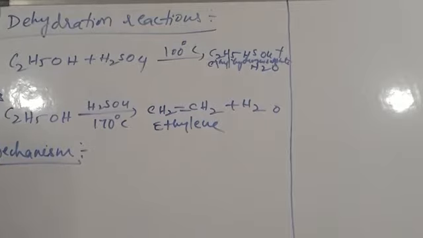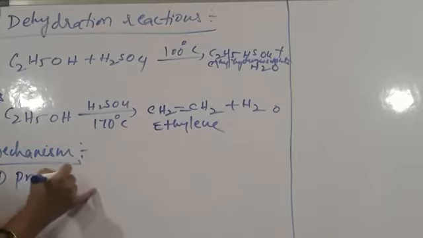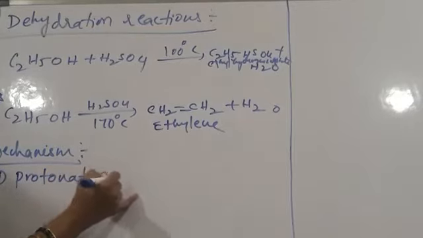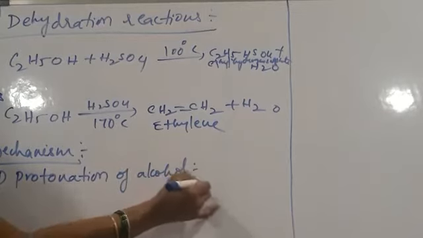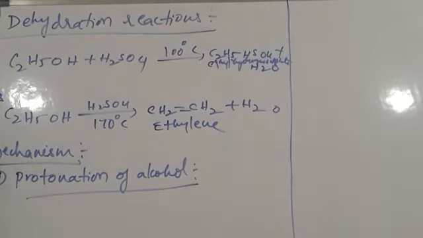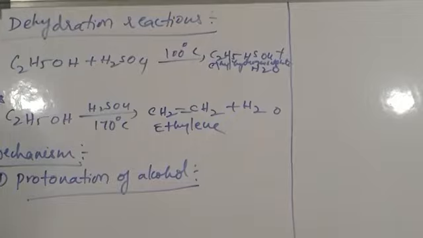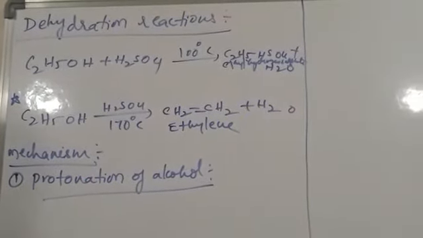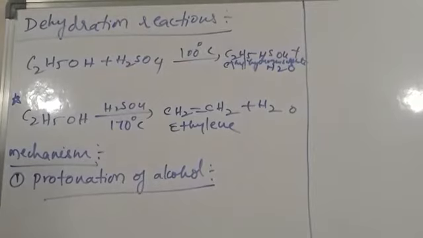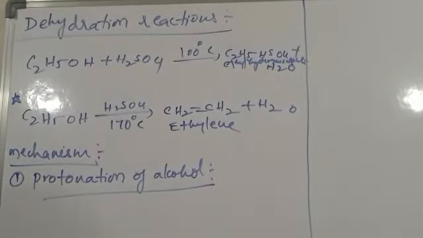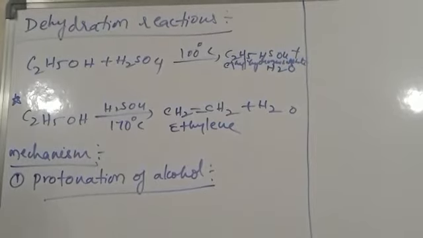So first step, protonation of alcohol. Here in this step, ethyl alcohol adds a proton, and this is a fast reaction. There we get protonated alcohol.